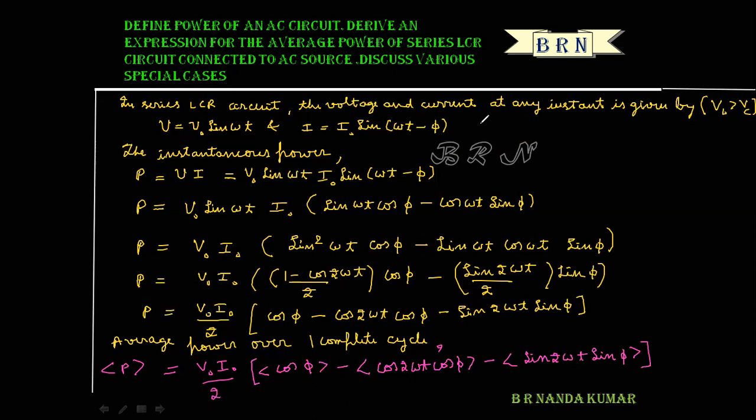Okay, and then average power is equal to V naught I naught by 2. So average of cos phi is cos phi. Average of a constant is a constant.